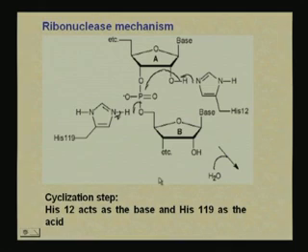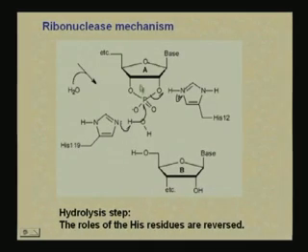As this is released, this takes up the proton from histidine 119. So, histidine 119 behaves as the acid and histidine 12 behaves as the base in the first step, that is called the cyclization step. In the next step, so what do we have?